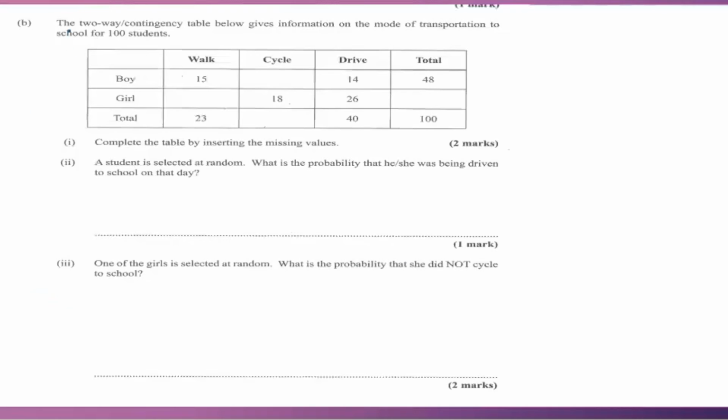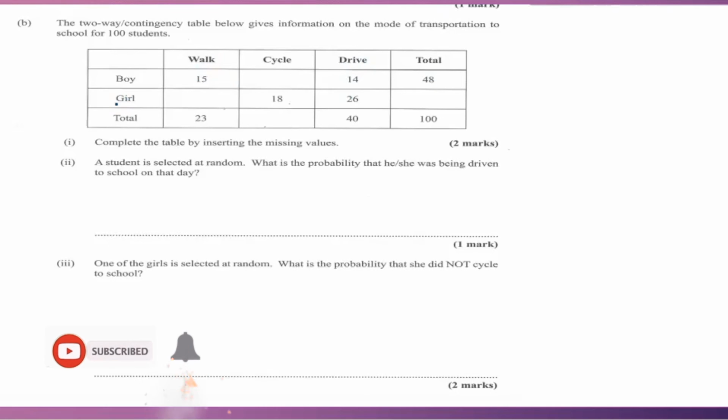Now, looking at this, the next part says the two-way or the contingency table below gives information on the mode of transportation to school for 100 students. Now we have the boys: 15 boys walk, 14 boys drive, it is a total of 48.